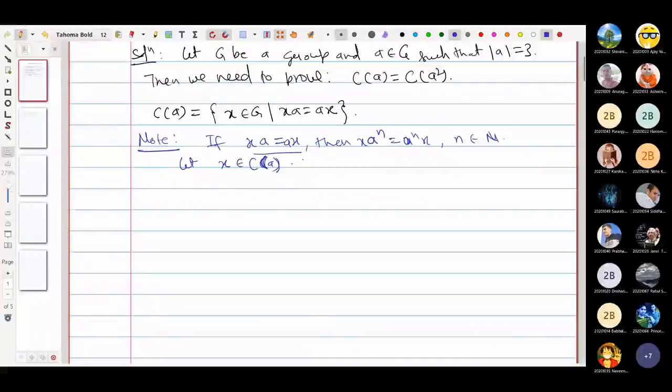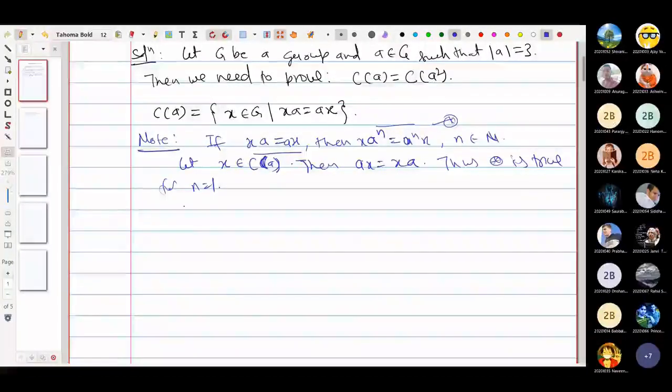Then we have ax equals xa, because x belongs to the centralizer of A. So it means that this is true for n equals 1. Suppose this is star. Star is true for n equals 1.